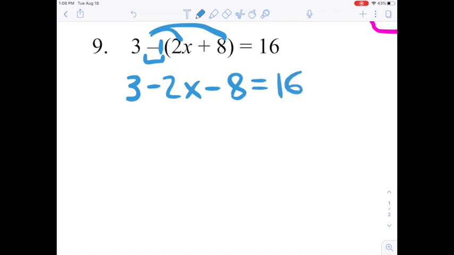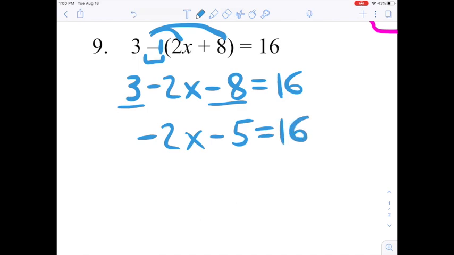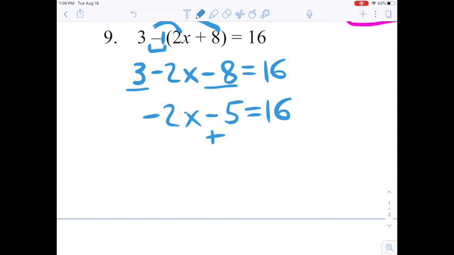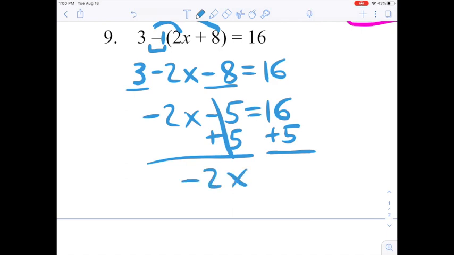Now remember, we have to keep simplifying until that side is done. 3 and negative 8 can go together to make a negative 5. So we have negative 2x minus 5 equals 16. And now we're ready for a map. We can add 5 to both sides and get negative 2x equals 21.